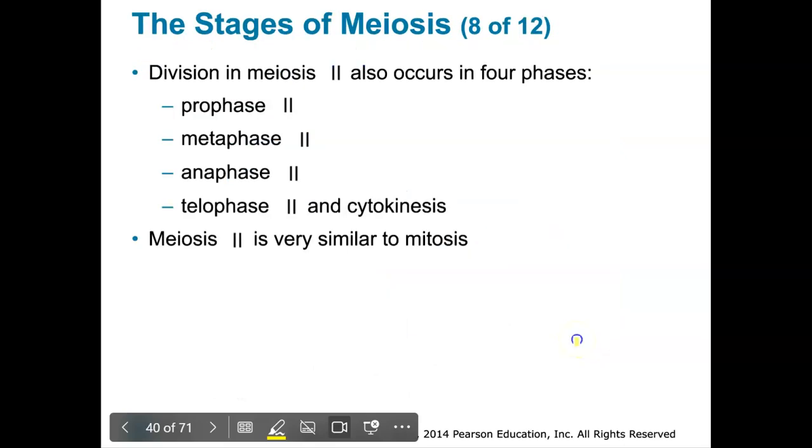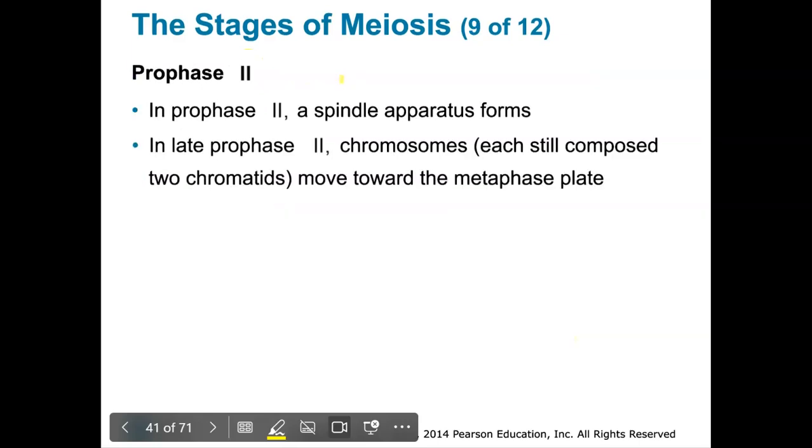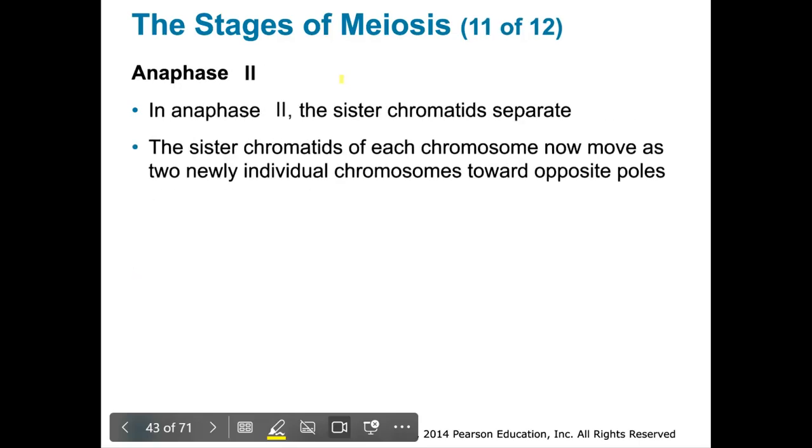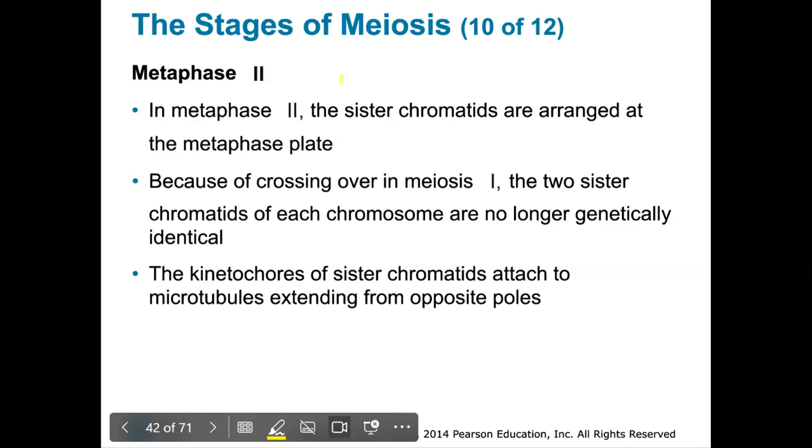Now we're going to have meiosis 2, which is really easy because it's just like mitosis. In meiosis 2, you have prophase 2, metaphase 2, in which the sister chromatids line up at the metaphase plate.